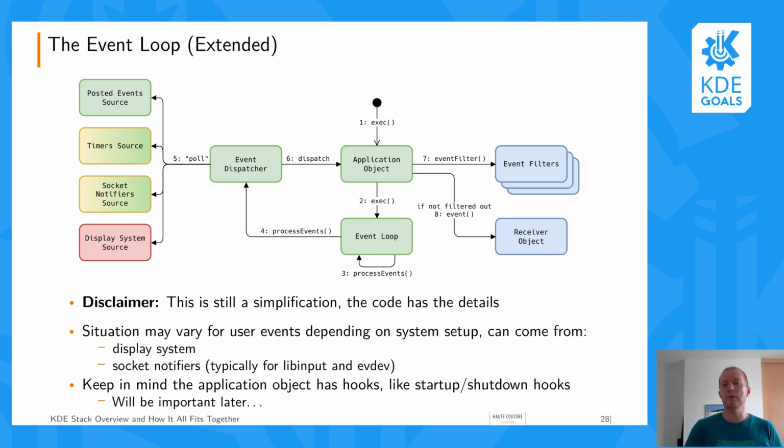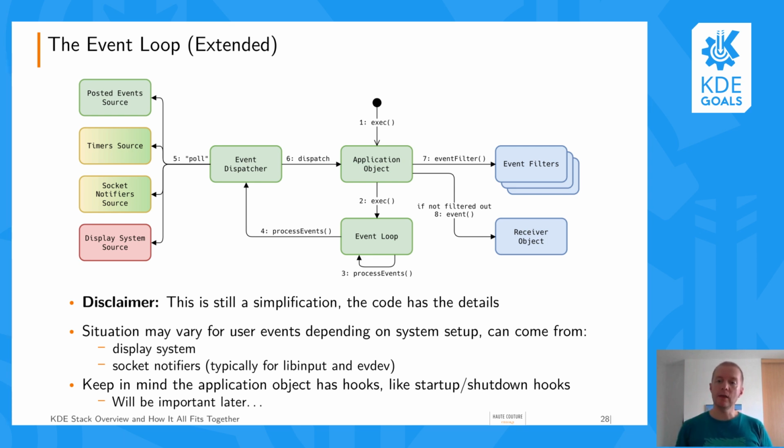And socket notifiers, despite the name, are not only about network, okay? That's also how we deal with mouse or keyboard events, mostly. And then there's the display system source, okay? So it pulls the sources and can find an event somewhere.